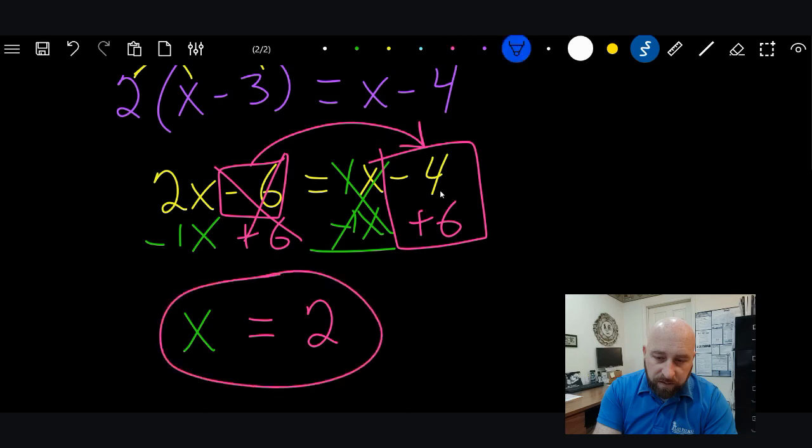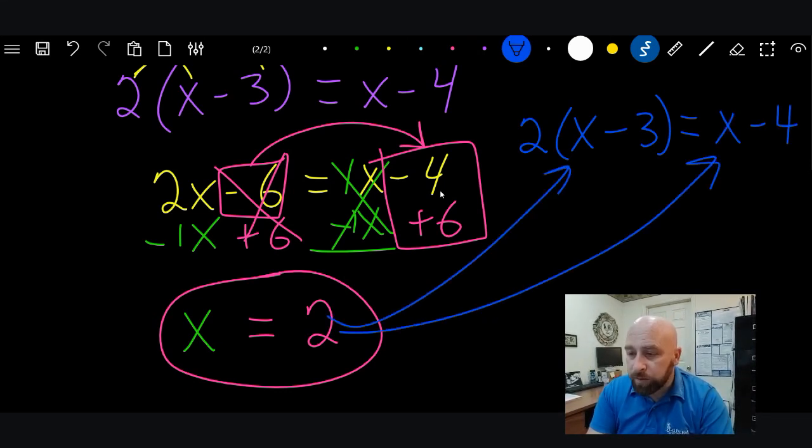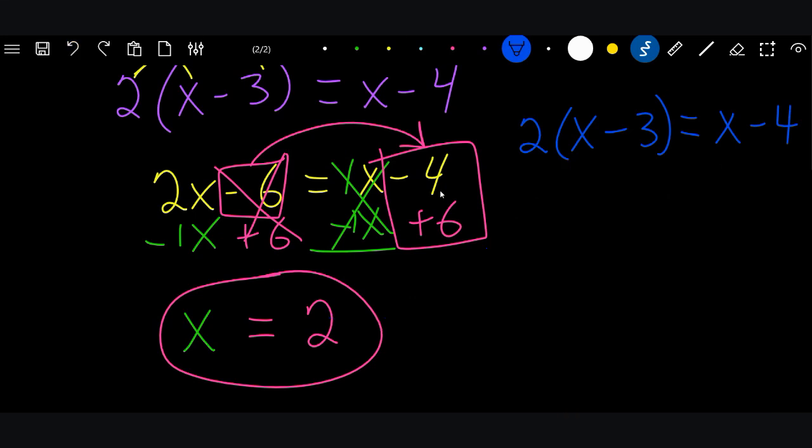Now, we can go ahead and check that. So 2 times x minus 3 equals x minus 4. Everywhere that there's an x, we're going to put a 2, because that's our answer. 2 times 2 minus 3 equals 2 minus 4. Now we can do this either way.